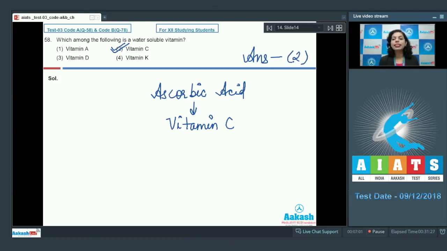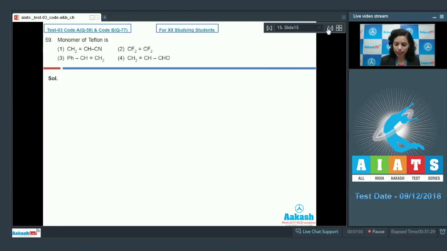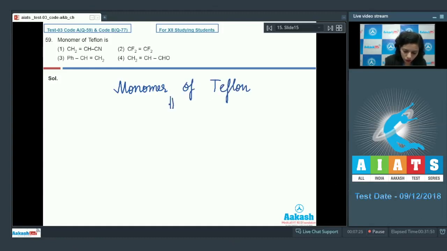Now, after this, there is the turn for question number 59. Monomer of Teflon is, we know that Teflon is a polymer and that is basically the addition polymer of tetrafluoroethene. So, we can write here the monomer of Teflon is tetrafluoroethylene or simply ethene.